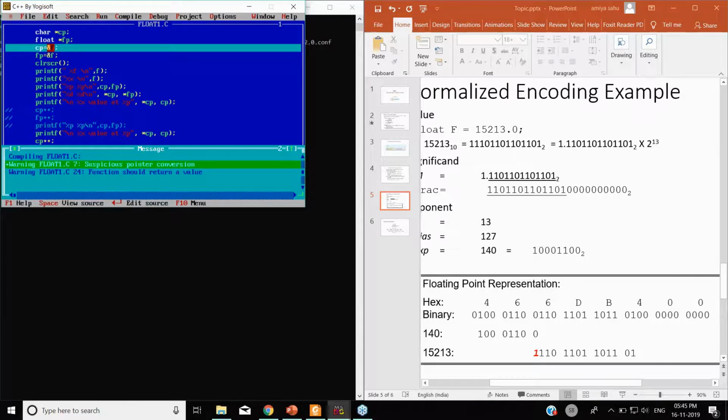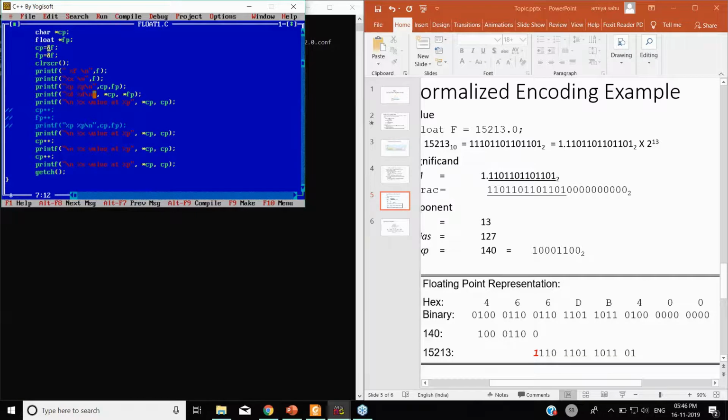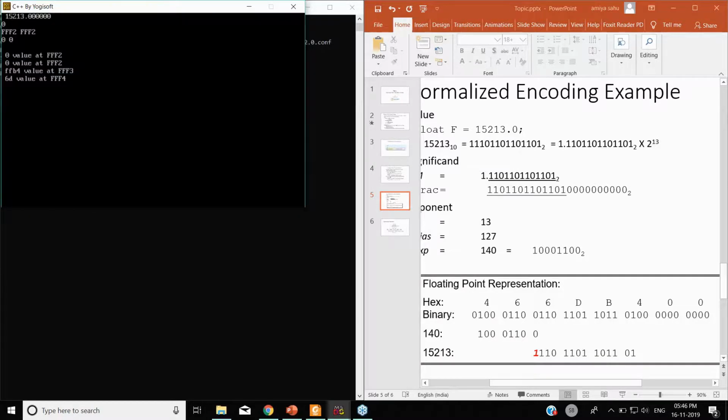The system is expecting us to use a float pointer to hold the address of the float variable, but we are taking a character pointer to hold the address of a float value. That's why it is giving a warning. But we'll skip the warning and run the program with Control F9. This is the value that comes out. Let us analyze the value.